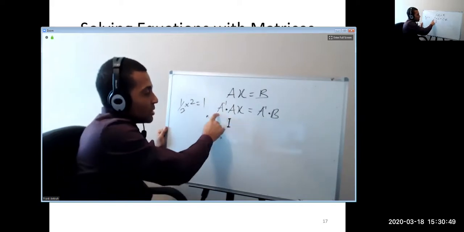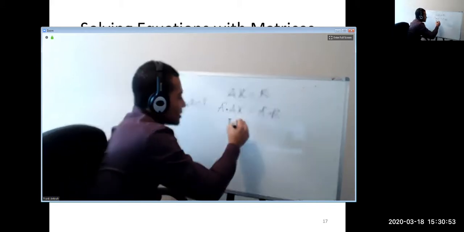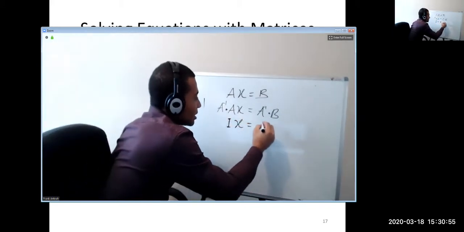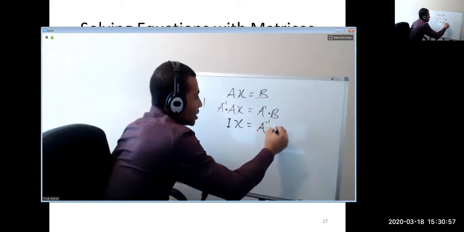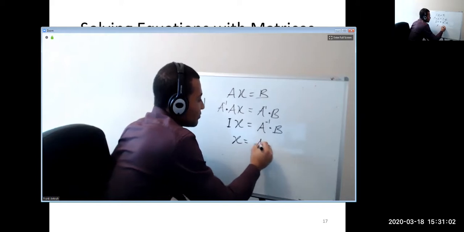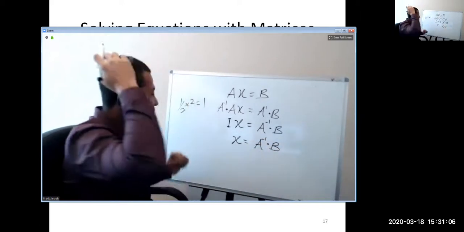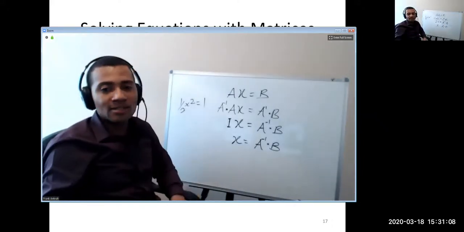So the inverse and the matrix will give you an identity matrix. This is 1. Okay, so 1 times x is inverse of A times B. So this is x equals inverse of A times B, which is my final answer.